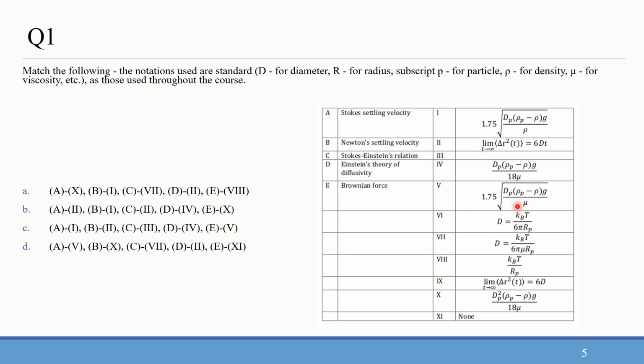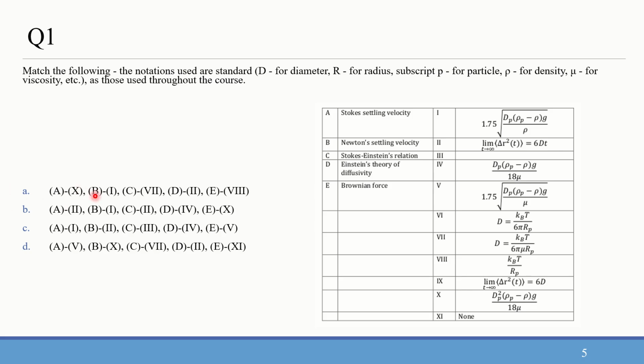So it becomes meter cube by second, something along that line, to the power of 1 by 2. So again, that won't be the formula. So you can right away go with 1. So A is 10, B is 1. So that option we can correctly match with option A.